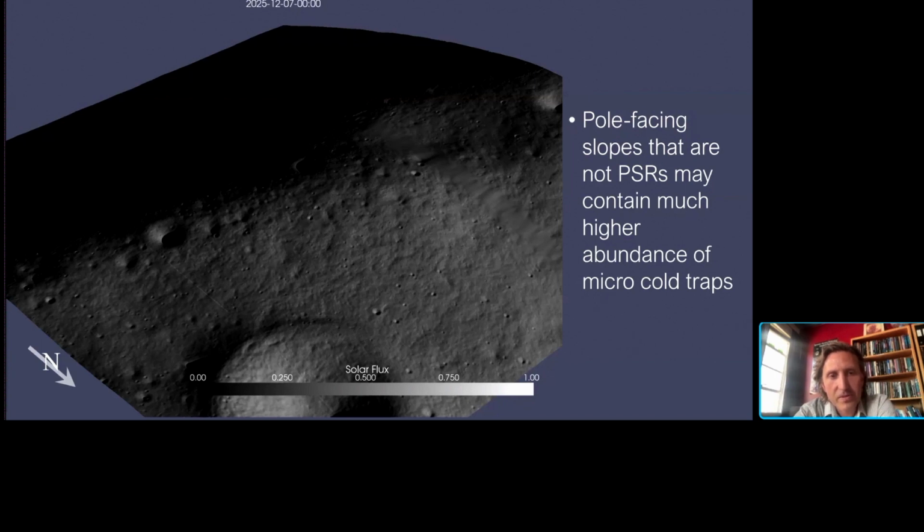So you've got a cold slope and a warm slope, and that's very interesting from the perspective of collecting samples from these micro cold traps, where there should be a preponderance of them on the pole-facing slope, which is in the upper left in this map, relative to the other slope.